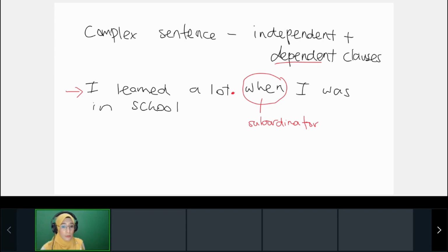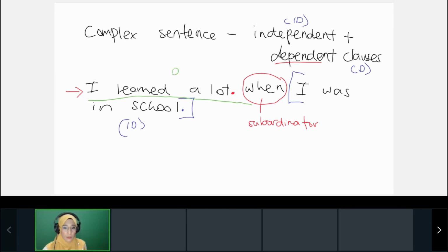I will call this ID. This is just D. Therefore, in this one here, this is called the D, together with the when. I learned a lot when I was in school.